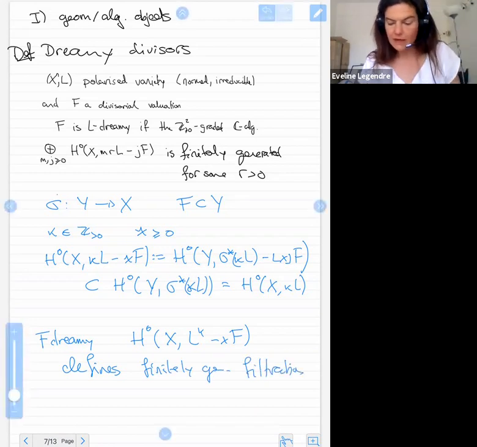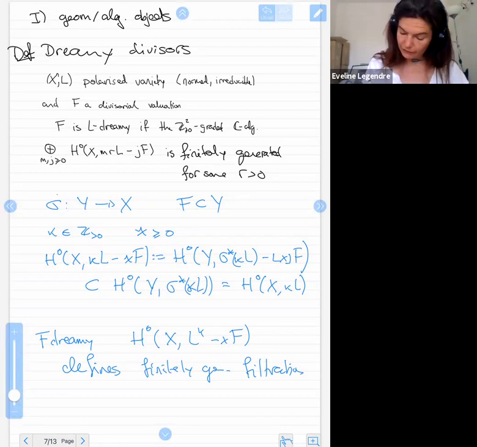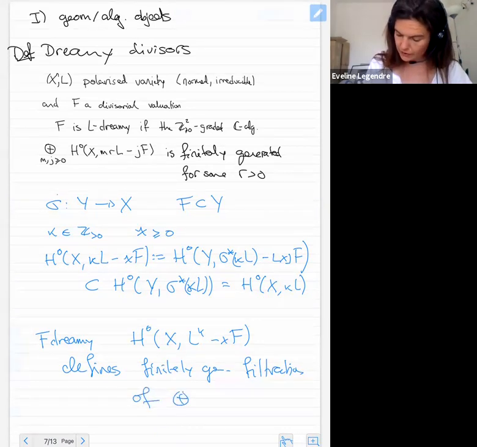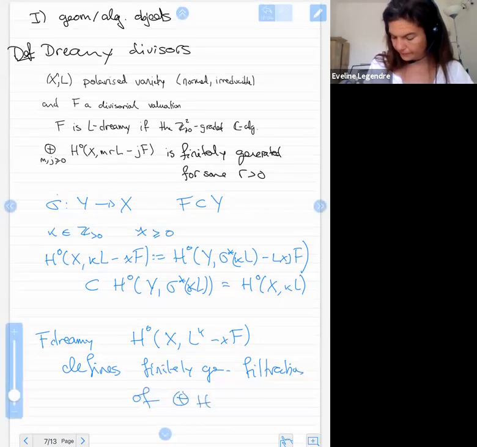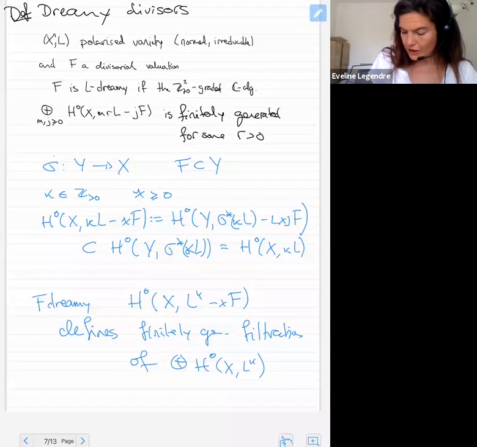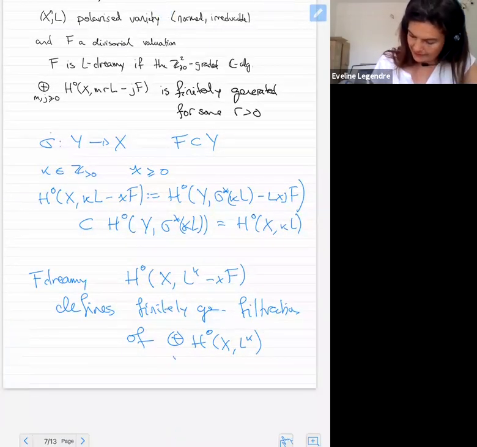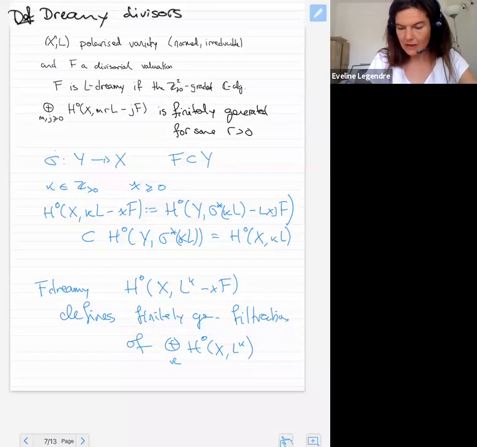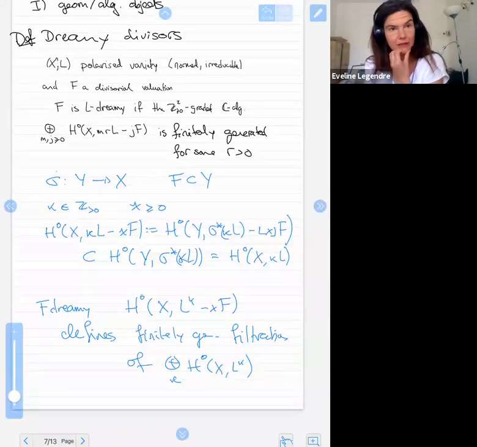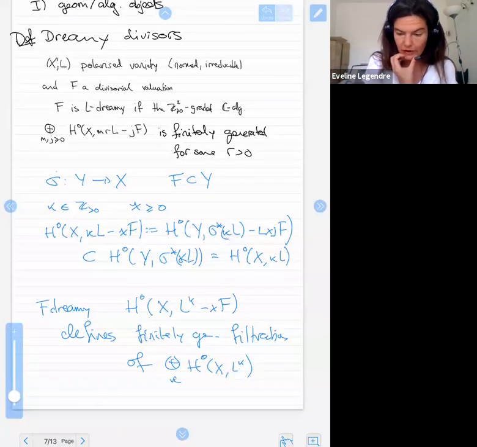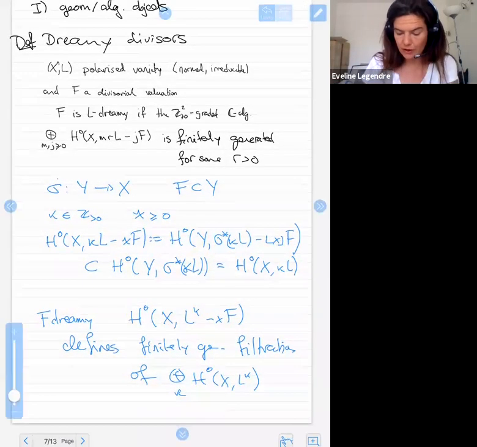Okay, and of course, of that algebra, of the homogeneous coordinate space. Okay, and so what do we do with such a filtration? Typically, we can produce another variety.